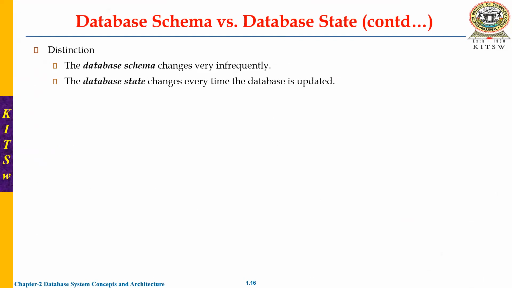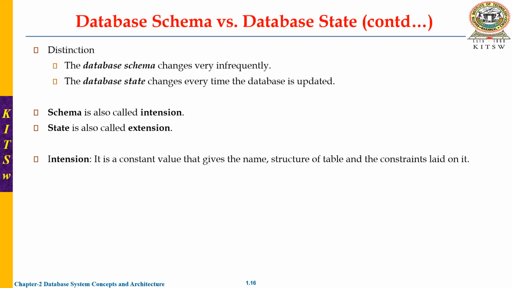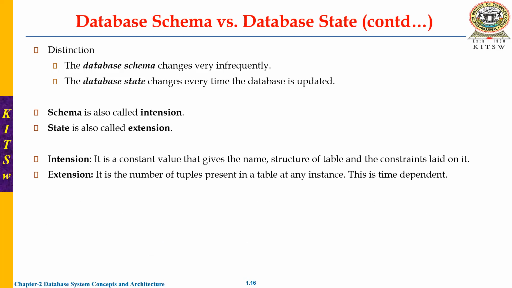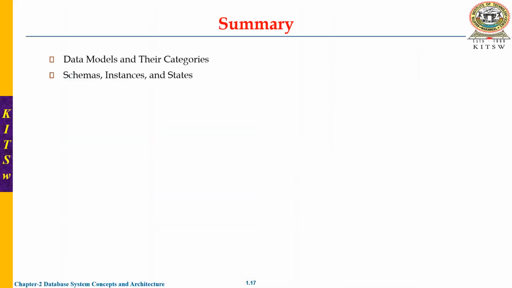The database state changes every time the database is updated. Schema is also called intension. The state is also called extension. Intension is a constant value that gives the name, structure of a table, and constraints laid on it. Extension is the number of tuples present in the table at any instance.